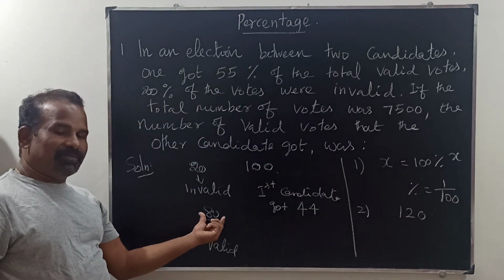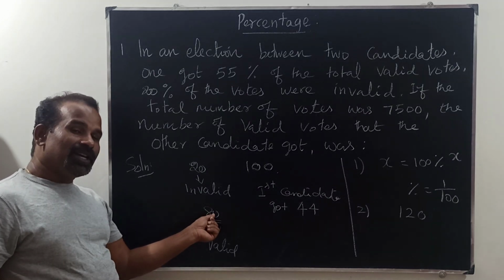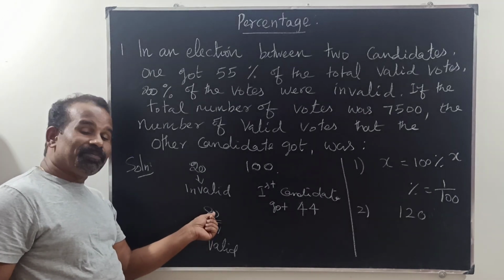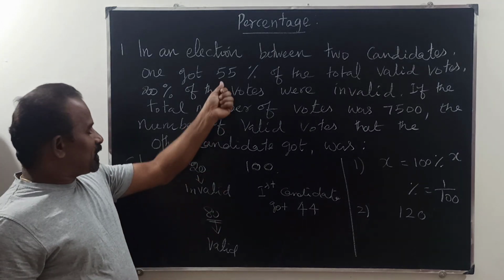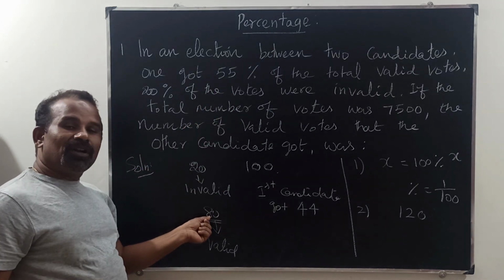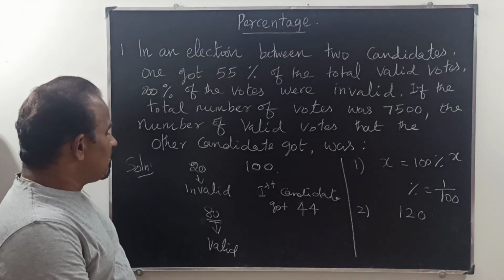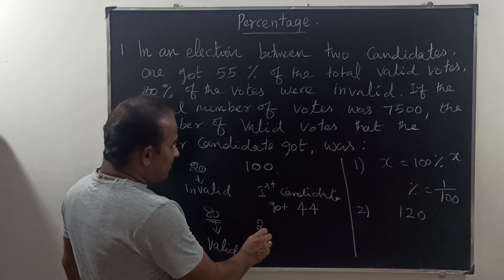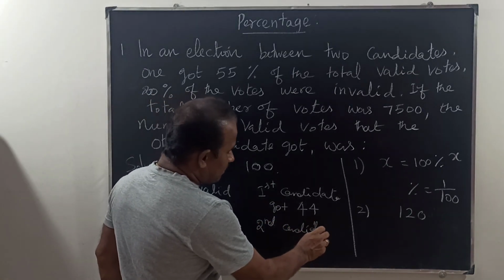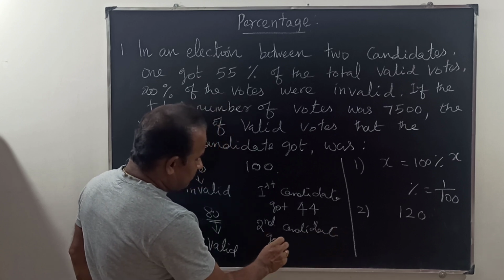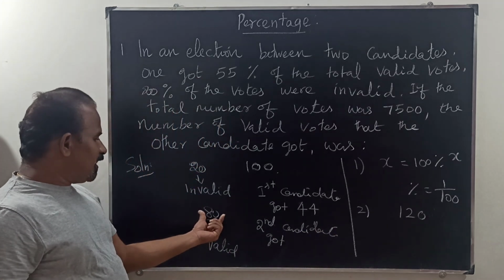55% of 80, how to calculate? 10% is 8, 50% is 40, 5% is 4. So therefore 44 votes. What about the other candidate? The total valid vote is 80.